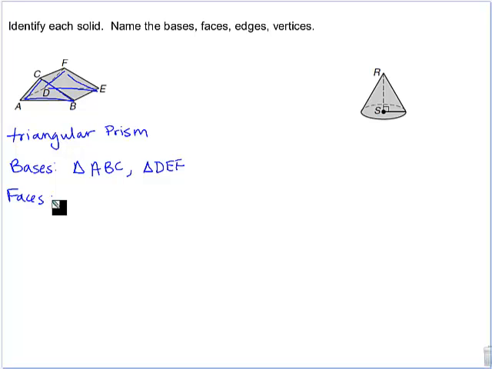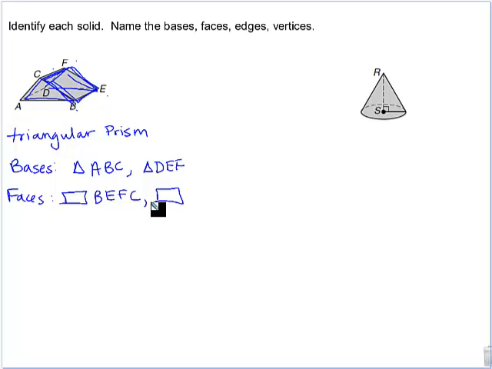Our faces, so what's connecting the triangles? Well, if you look at it closely, each face has 4 sides, so it's a parallelogram. One of the faces, the one that was just highlighted, would be BEFC. Make sure you go in order, BEFC, so we went in order around.